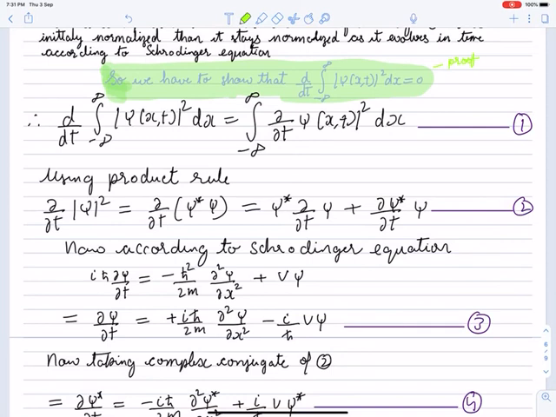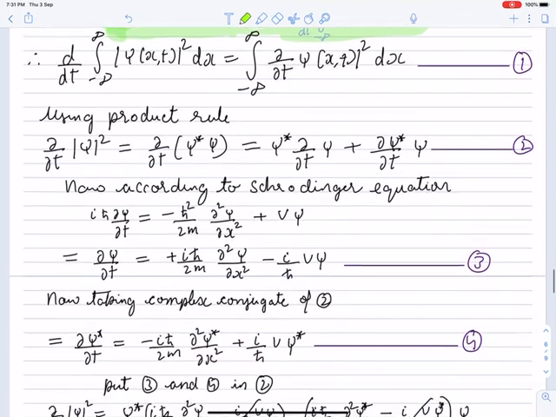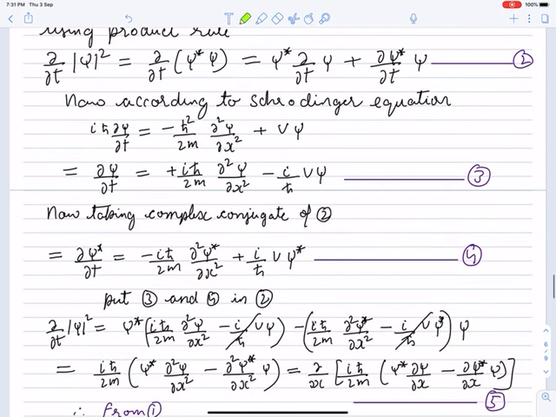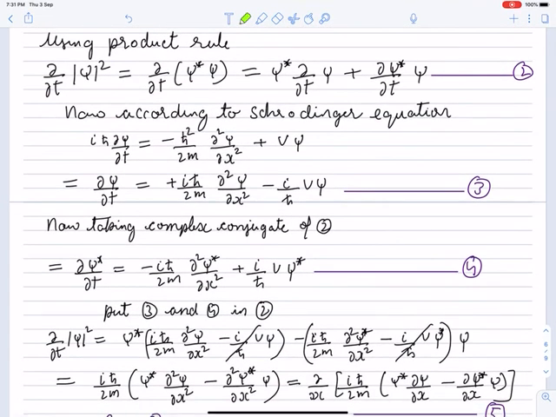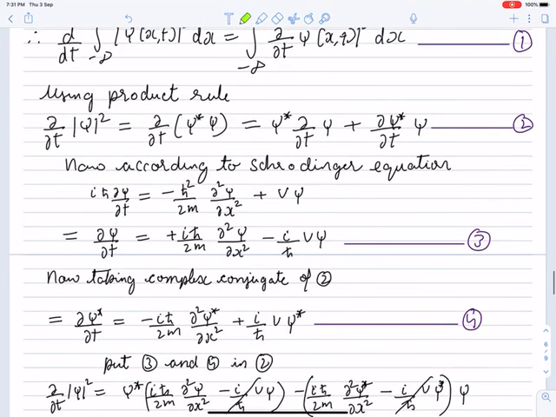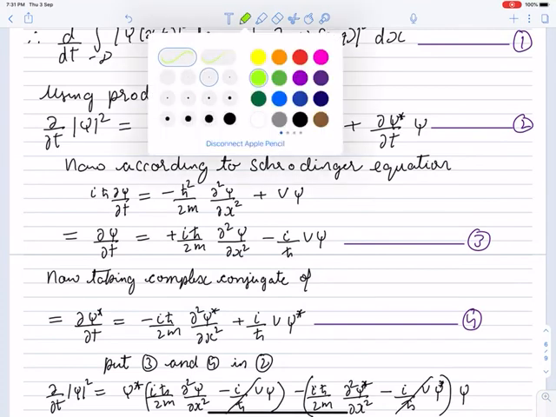Now according to the time dependent Schrödinger equation, we write equation number 3. Now take the complex conjugate of equation number 3, not 2, it should be 3.